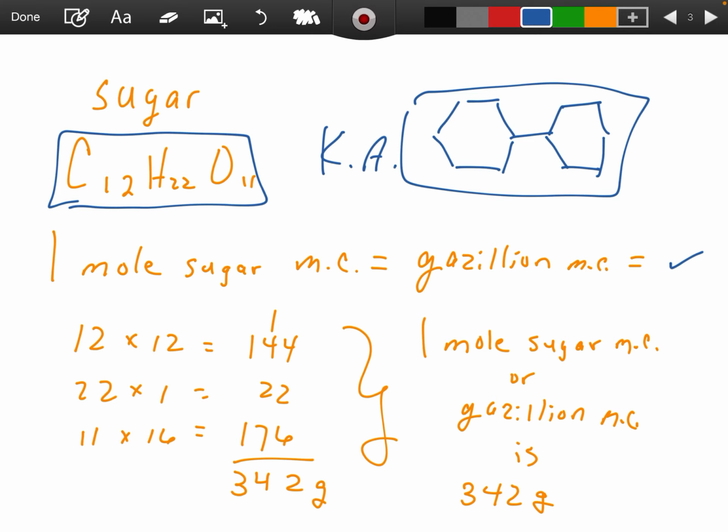In fact, you're going to have more than a gazillion carbon atoms, more than a gazillion hydrogen atoms. But the way that you find that out, you have the number of atoms from the formula, and you just multiply that by the mass that you've rounded to on the periodic table, the molar mass. And then you add all that up. So 1 mole of sugar molecules, or a gazillion sugar molecules, is 342 grams.